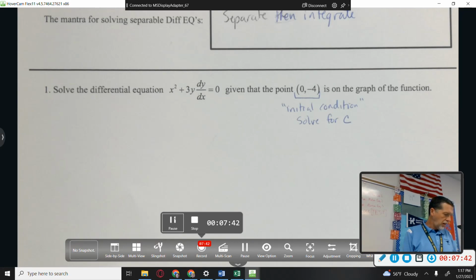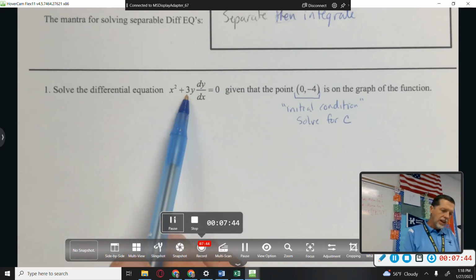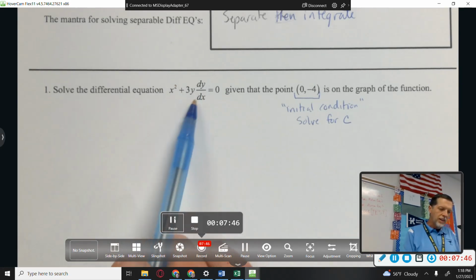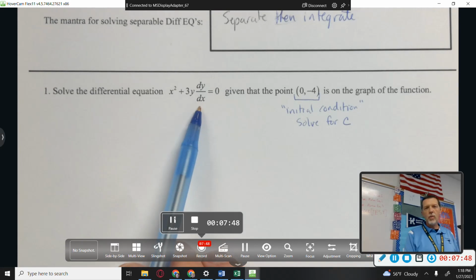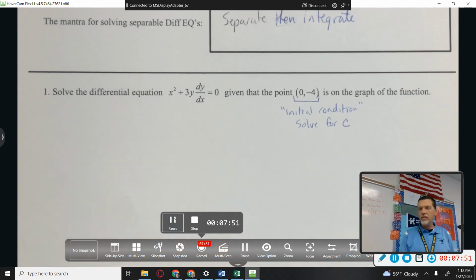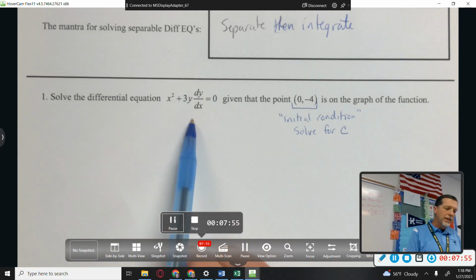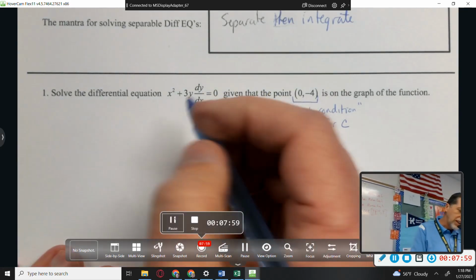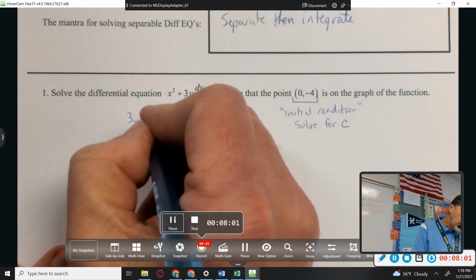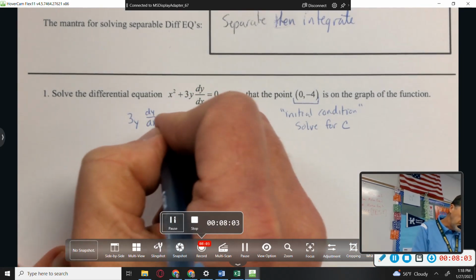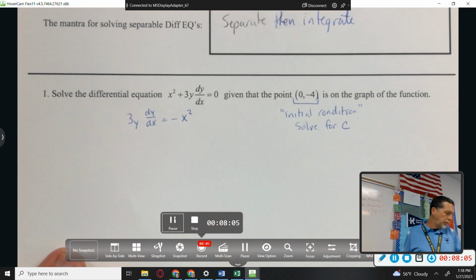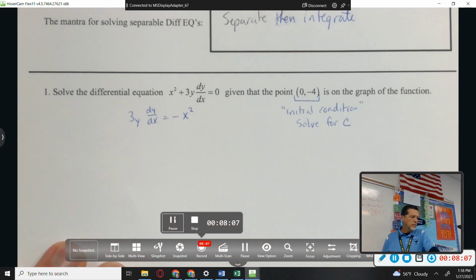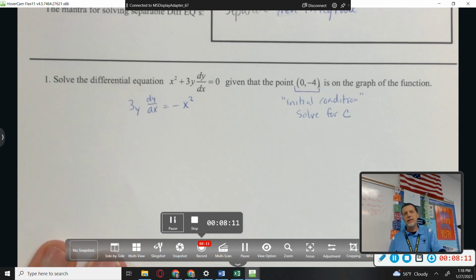Okay. At the beginning, I need to separate the x stuff and the y stuff. So I need to get all my x stuff on one side, all my y stuff on the other side, including the dy dx. So I think I want to subtract x squared from both sides, and then multiply both sides by dx to get it to the other side.